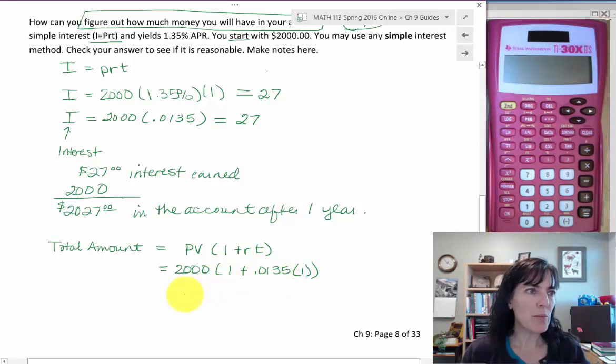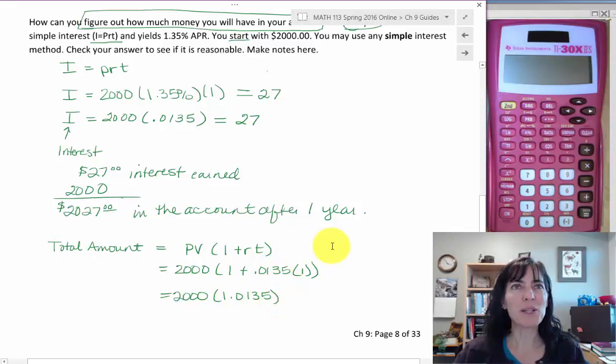And then when we combine all those things, first we work inside the parentheses, and this is going to give us 0.0135, and then when we add 1 to it, we'll have 1.0135. And that I can do in my head, but the next part I can't.